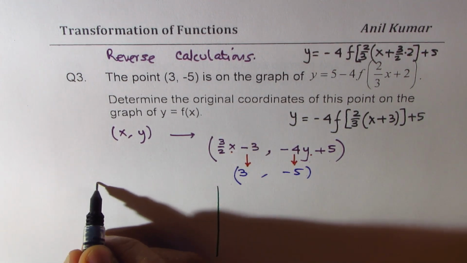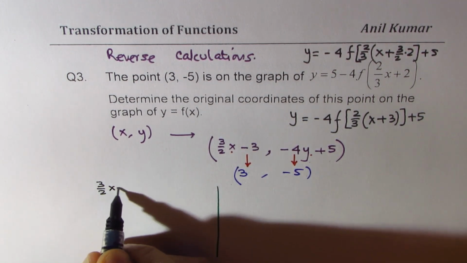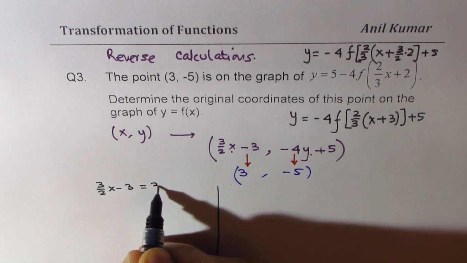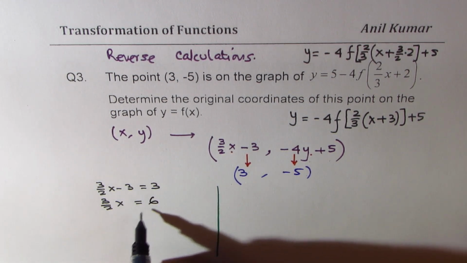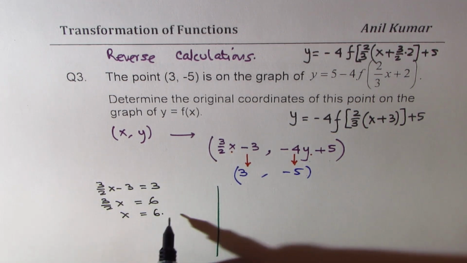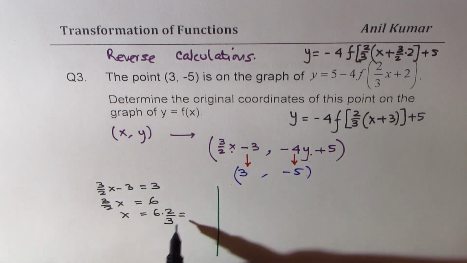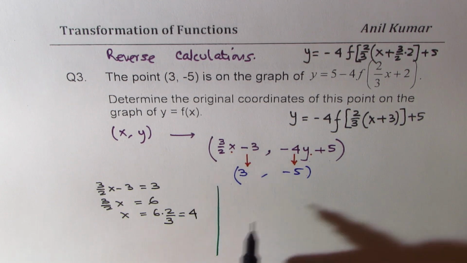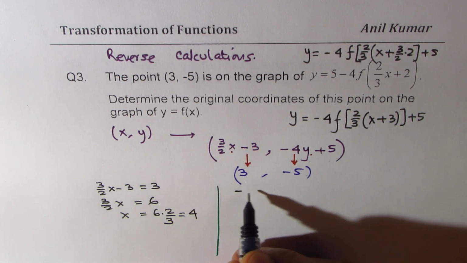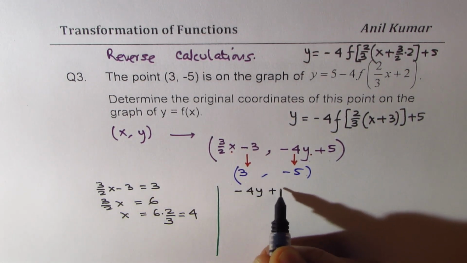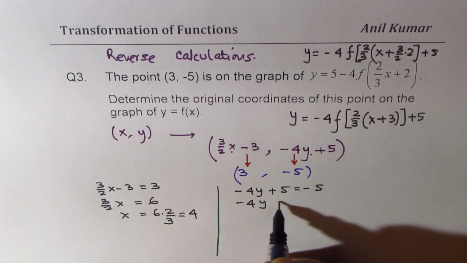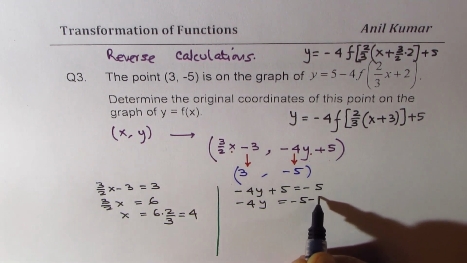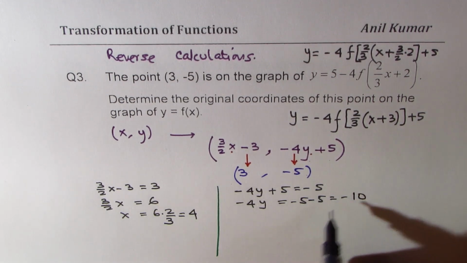What we know here is that 3/2 x - 3 is equal to 3. We can do 3/2 x = 6, or x = 6 times 2/3, which is 4. As far as the y value is concerned, -4y + 5 = -5. So -4y = -5 - 5, which is -10.